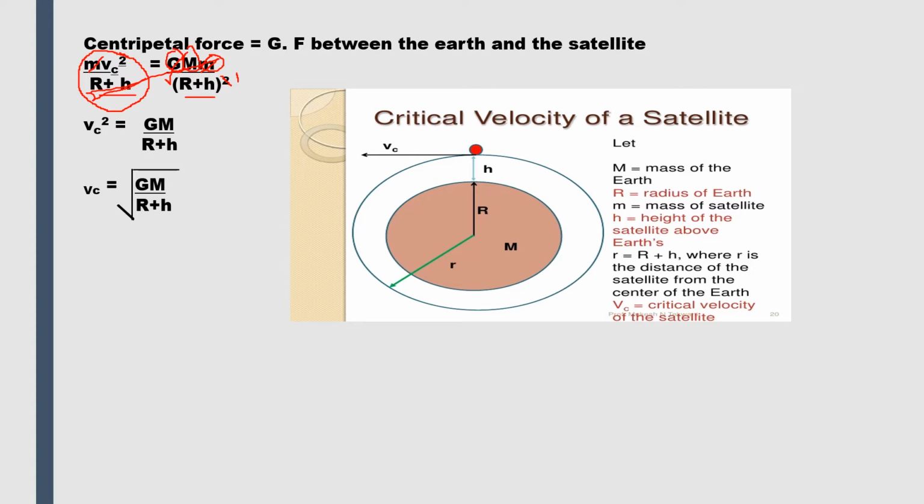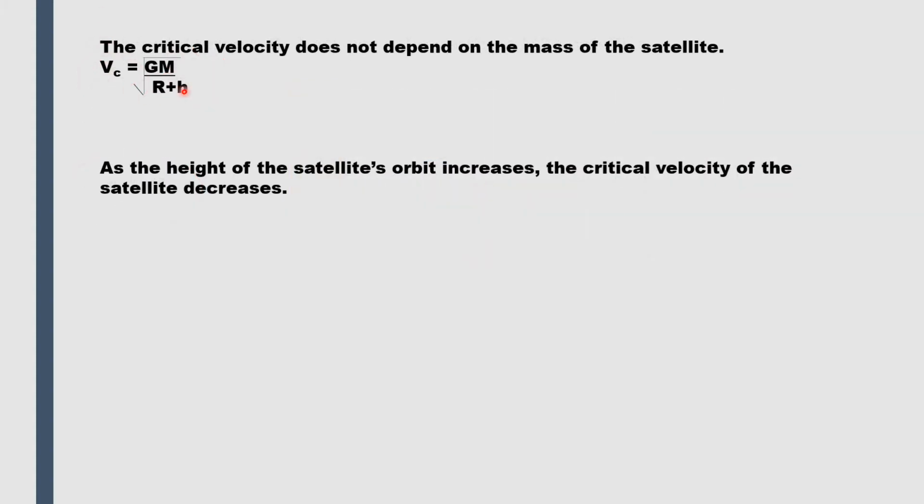If we want to remove the square, we will have to take the square root on the right hand side. So we get Vc is equal to square root of G M upon R plus h. The formula of critical velocity is Vc equal to square root of G M upon R plus h.